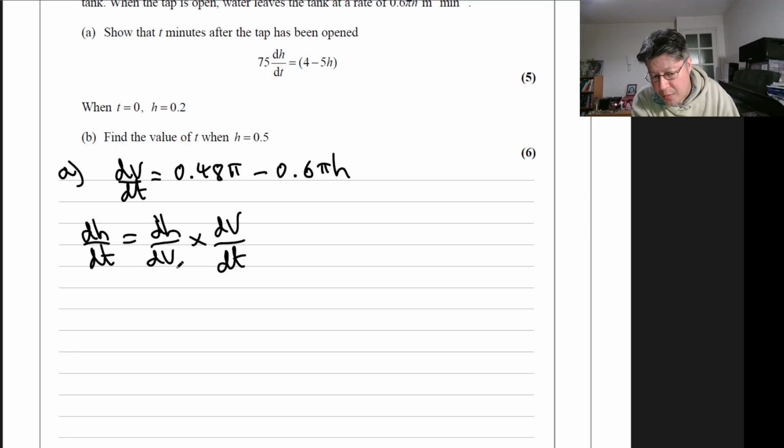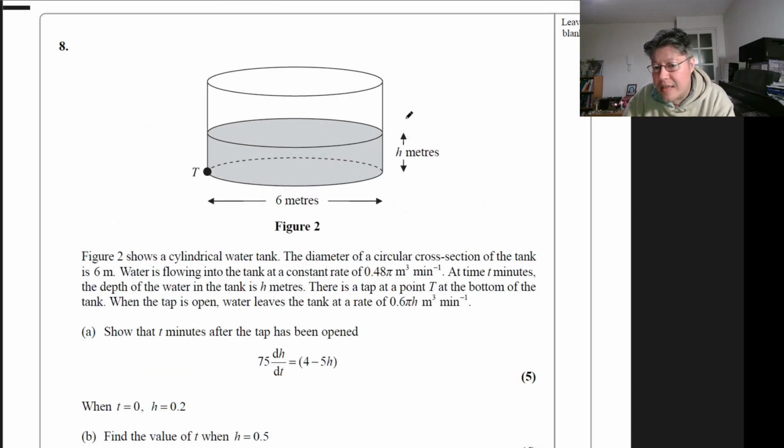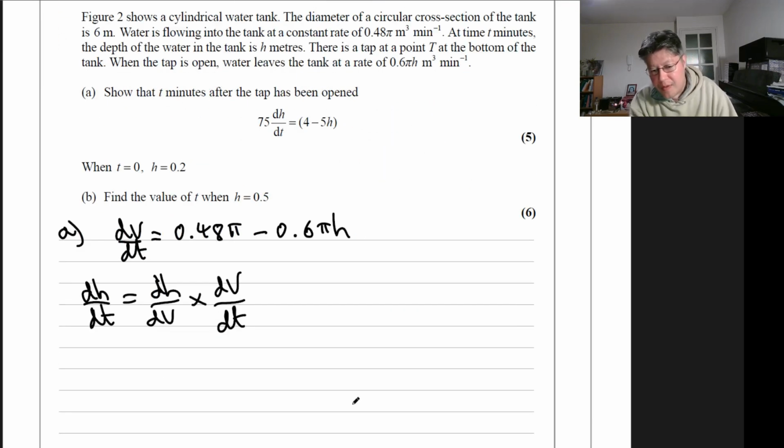In order to get that, we need a formula that links the height and the volume. And if we look at the shape that we've got, it's a cylinder. So we know that the volume of a cylinder is pi r squared h.